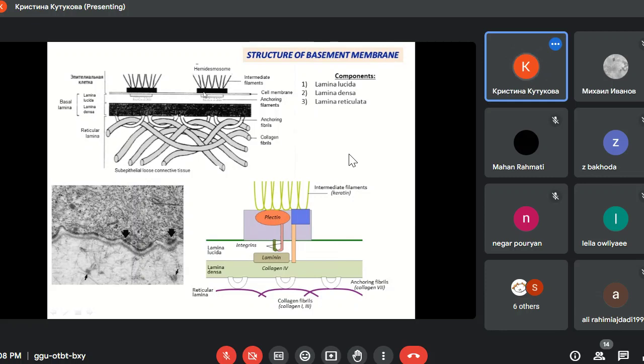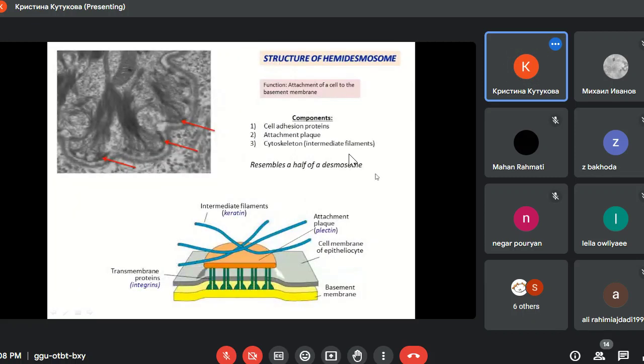Next, attachment plaque and intermediate filaments. Attachment plaque consists of the protein plectin, and intermediate filaments consist of the protein keratin.